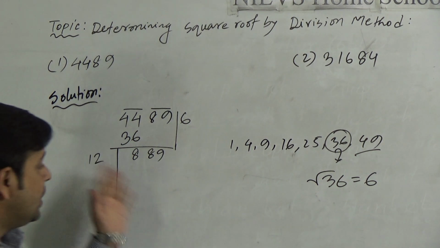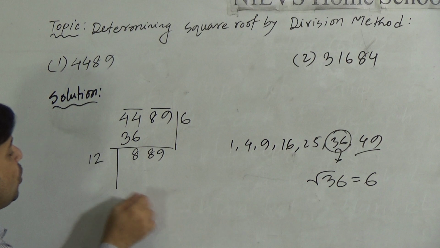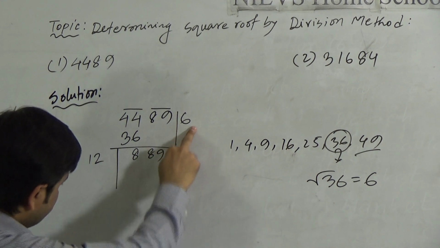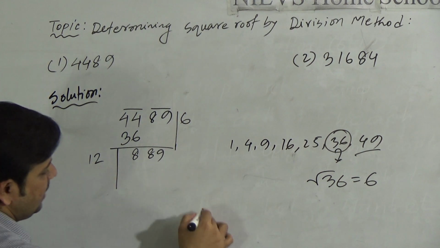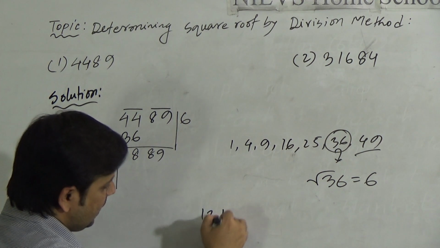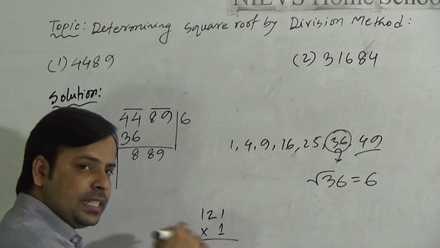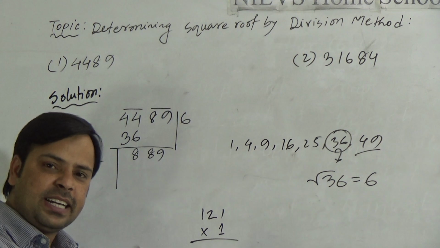Now you need to know that we have to put the same digit in this place and in this place. As here the number is 12, if we consider 1 in both places, then we have to multiply by that digit.